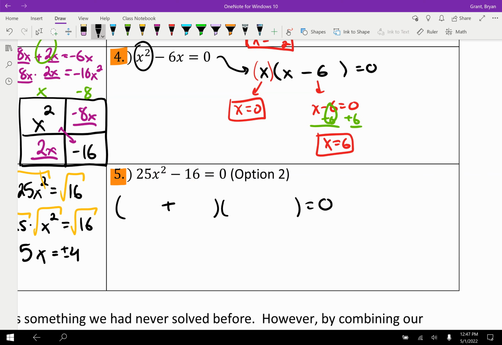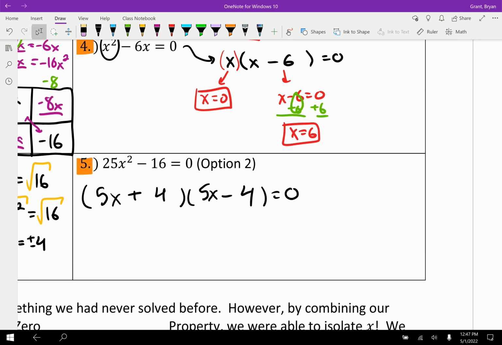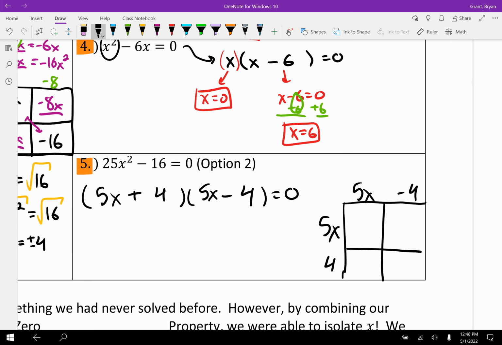We know that one will be positive, one will be negative. And to create this 25x squared, think about the square root. That would be 5x times 5x is 25x squared. What times itself is 16? 4 and 4. Now, if you wanted to very quickly check this, it's easy enough to do. I'm just going to make a box and look at the outsides. 5x with a positive 4, 5x with a negative 4.